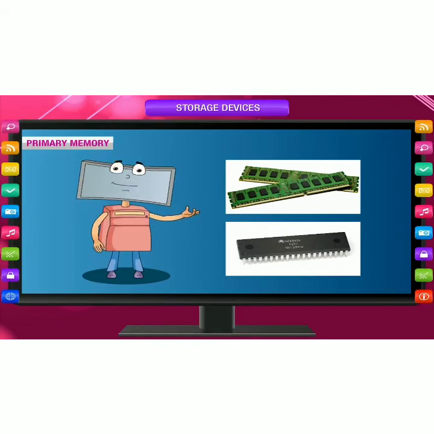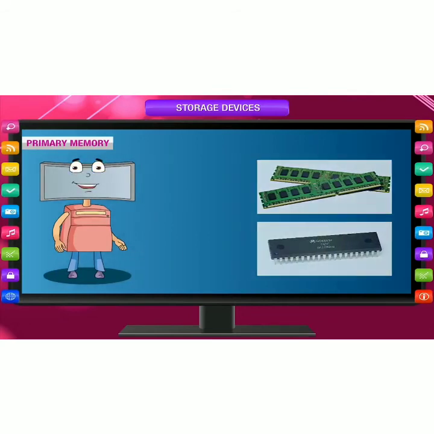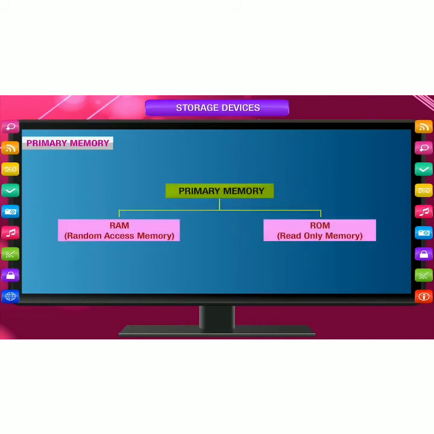Next one, ROM, that is read only memory. It stores the instruction given by the manufacturer to operate the computer and it is the permanent memory. Let me explain you. When you buy a computer, then computer manufacturer fix some important programs in the read only memory.